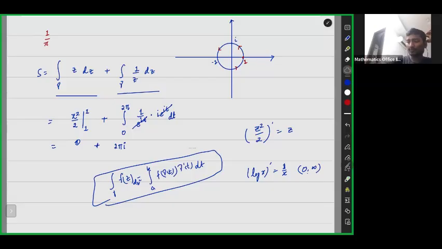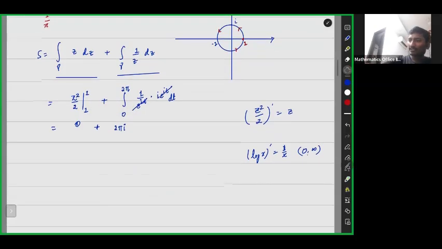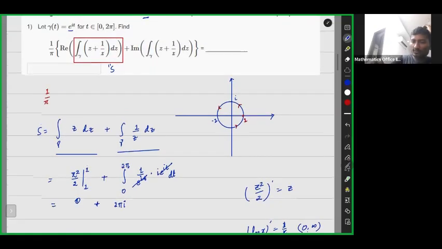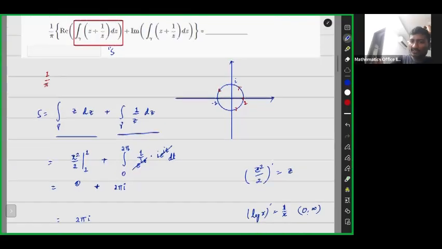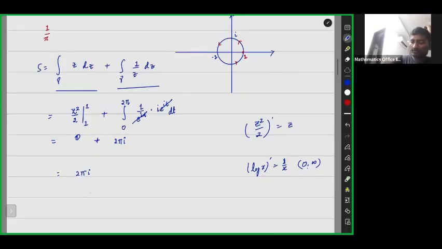I hope you know this formula, so no need to write it here. So overall, S is equal to 2 pi i. Now, what is the real part of S? 0.